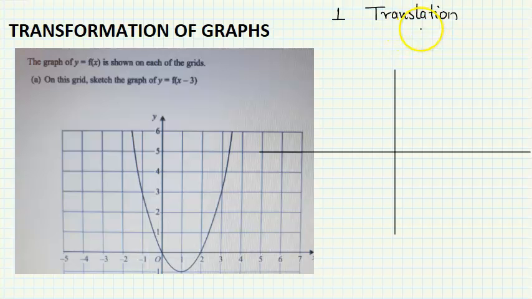So, in the translation of the graph, the shape of the graph will remain the same. If it is an upward graph, it will remain upward, it will not go downward. For example, if I have this graph, let me draw the graph. Suppose this is my graph.